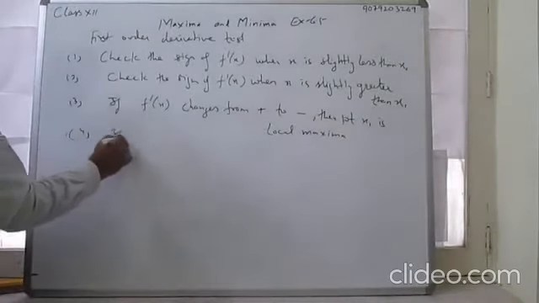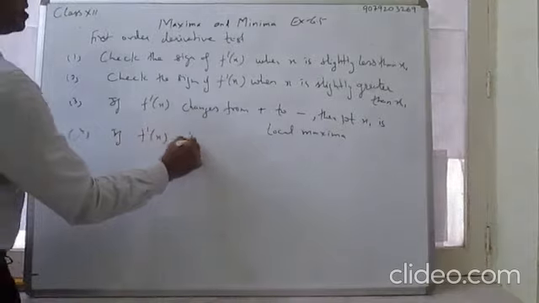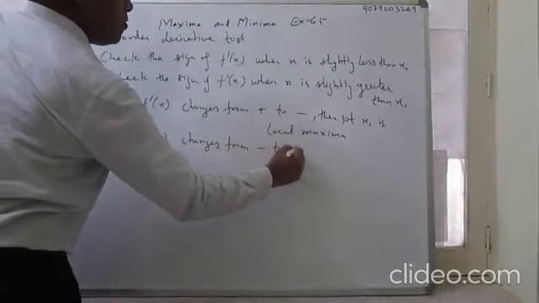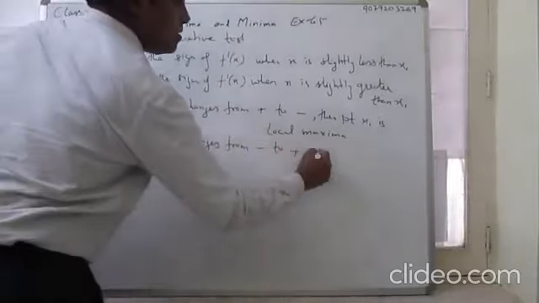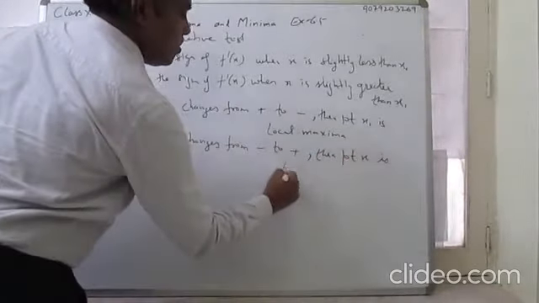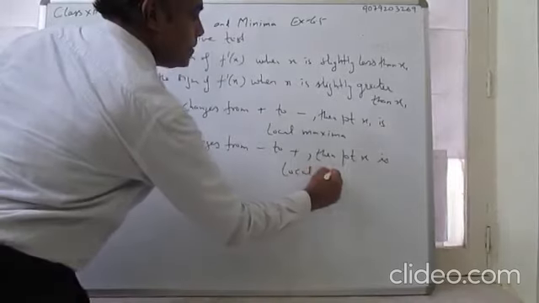If f dash x changes from negative to positive, then point x1 is called local minima.